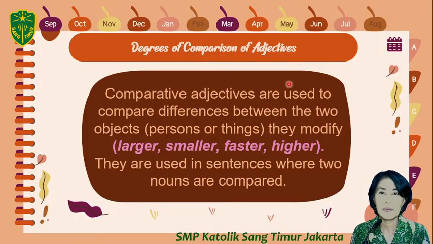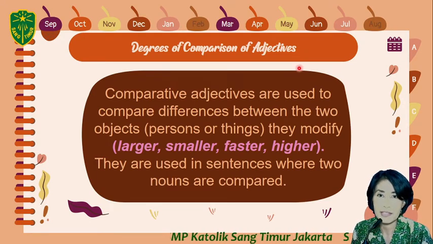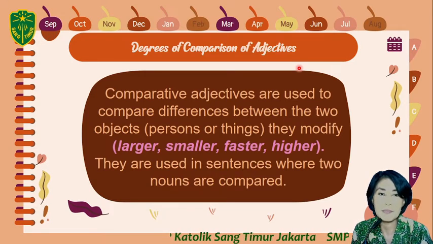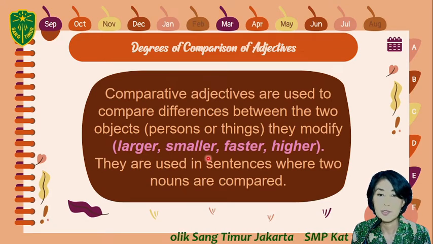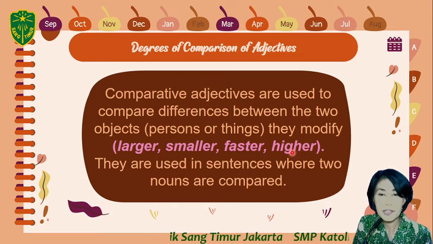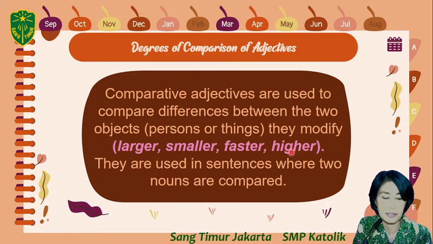Well, so what is comparison of adjectives? Comparative adjectives are used to compare differences between the two objects, for example, persons or things, that they modify. Larger, smaller, faster, higher. They are used in sentences where two nouns are compared.